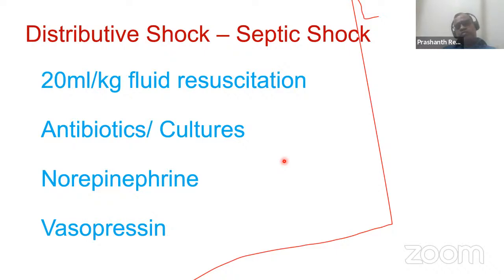Even in the latest Surviving Sepsis guidelines, norepinephrine is the preferred agent, followed by vasopressin and adrenaline. At later stages, if there is septic cardiomyopathy leading to pump failure, then you can add some dobutamine.